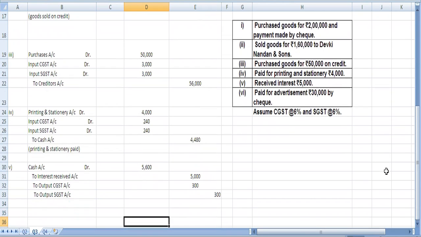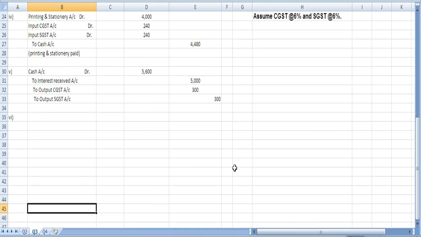Then here it says paid for advertisement rupees 30,000 by check. Okay, so number 6 here we have is advertisement. So this is an expense. So in expense we will write down input.